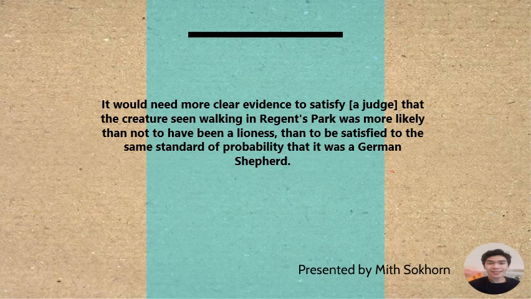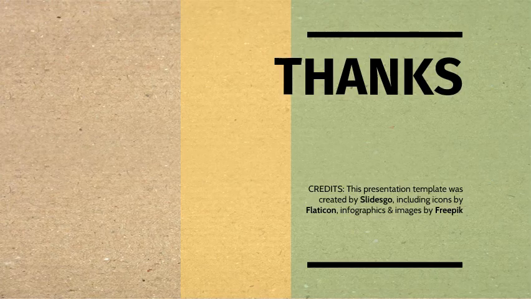But if you provide evidence to show that the creature you saw was a dog, then he probably will not believe you, because in the forest it is most likely that you see a lion walking rather than a dog.